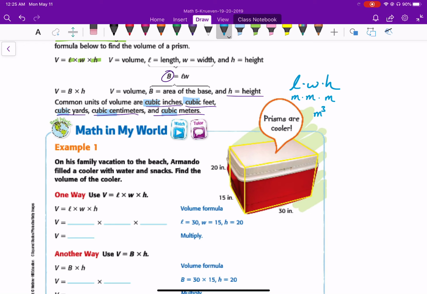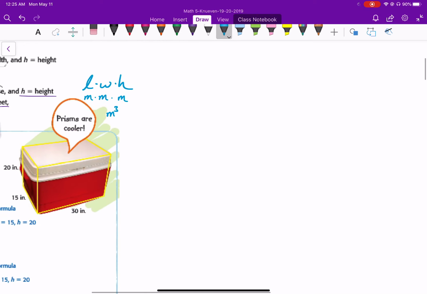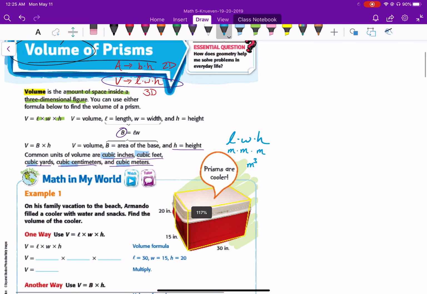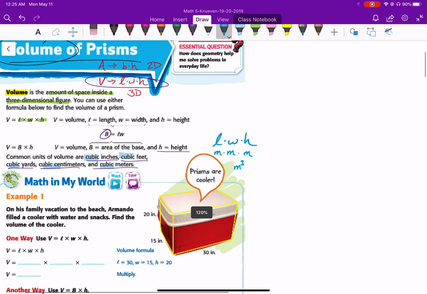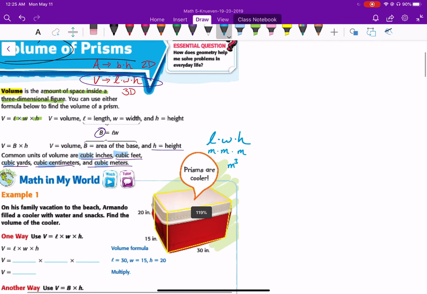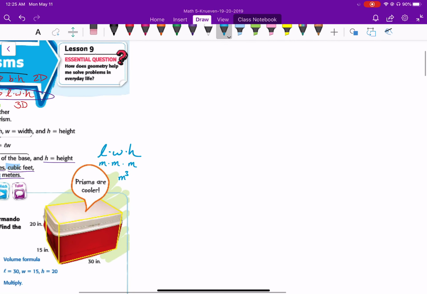All right. So let's do a quick side explanation of this big base times height versus length times width times height. So if I were to have, let's draw this out real quick, a rectangular prism here.